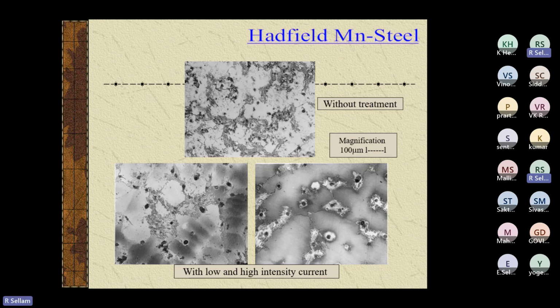Because the carbides are formed, manganese, with its own importance, cannot be used under such conditions. Then you can try with low and high intensity current. You can find the volume fraction of carbide has been reduced. That will reduce with increasing intensity of current. That is a unique phenomenon observed.